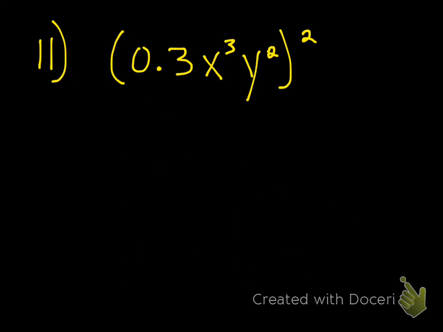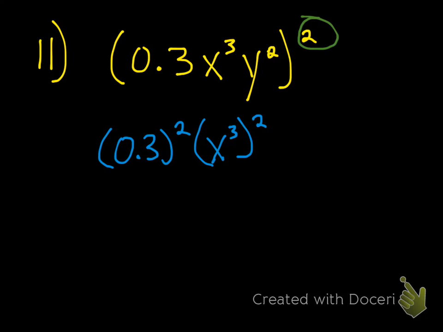All right, number 11. All right, same thing. So remember, we have this power that's outside the parentheses. Remember, you have to raise everything inside the parentheses to that power. All right, so that means we have 0.3 squared, and then we've got times x to the 3rd squared times y to the 2nd squared.